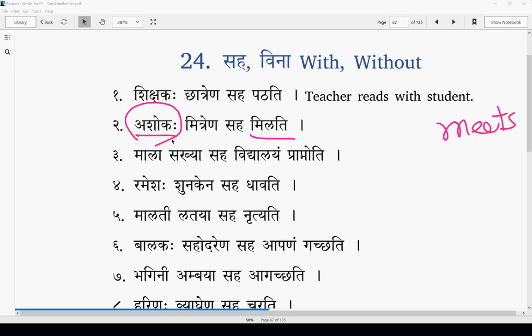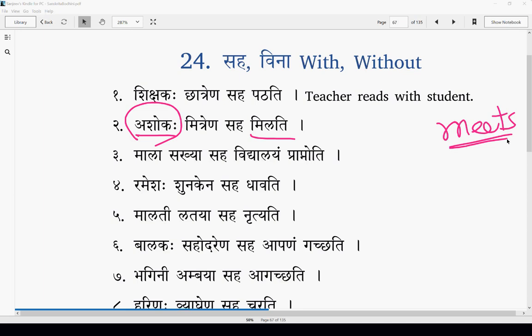Note that generally sometimes mistakes happen. When we say meets in English, we think that the question is whom he is meeting. Then sometimes we don't ask the question with whom he is meeting; we ask whom he is meeting.